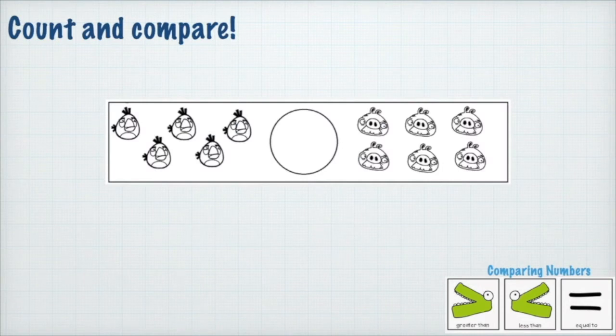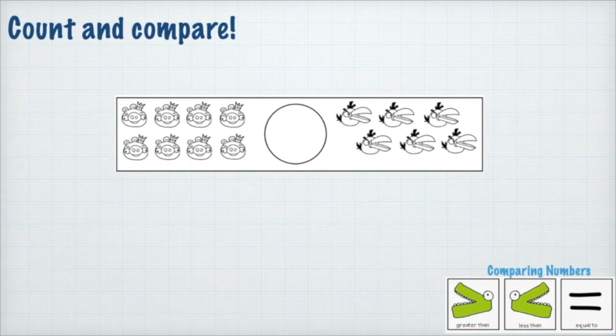Let's count and compare. Count how many birds. There are 5 and 6 birds. 5 is smaller than 6, so we can say 5 is less than 6. Next. Yes, there are 8 birds and 6 birds. 8 is bigger than 6.